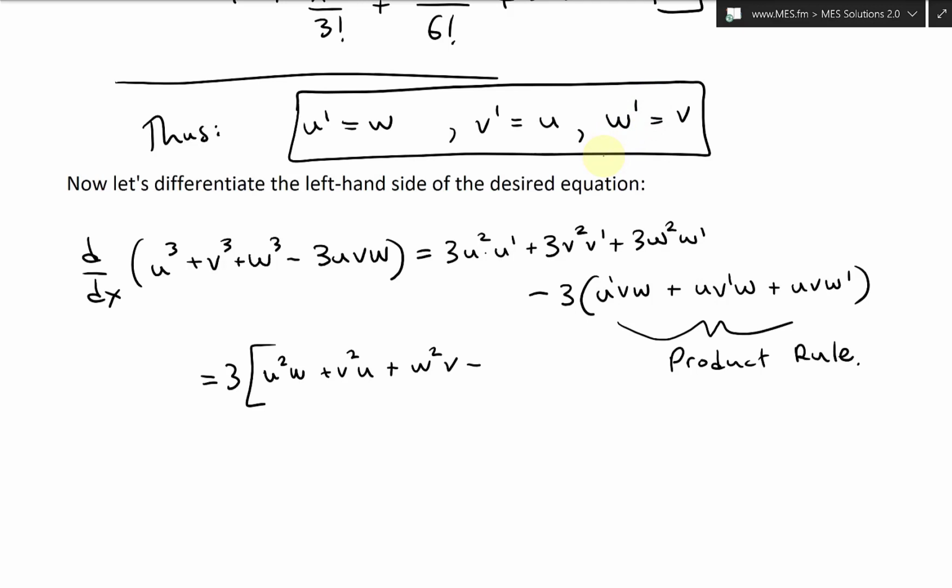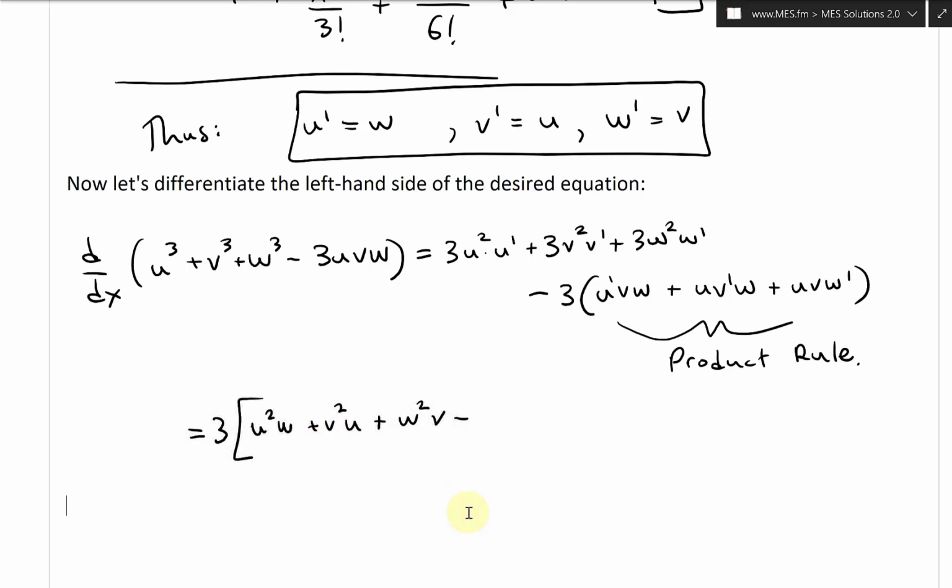And then minus this setup over here. We're going to need some more space, so I'll move this down here. And this equals, so we factor out the 3 out of there. We're going to have u prime is w times v, so vw.